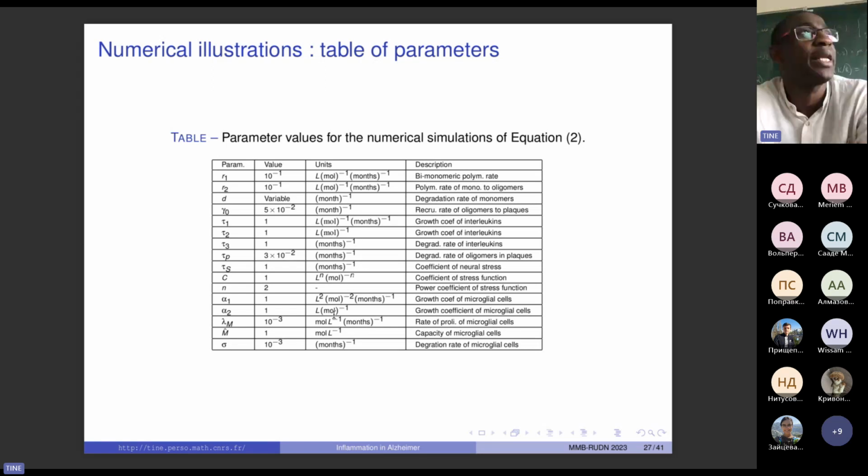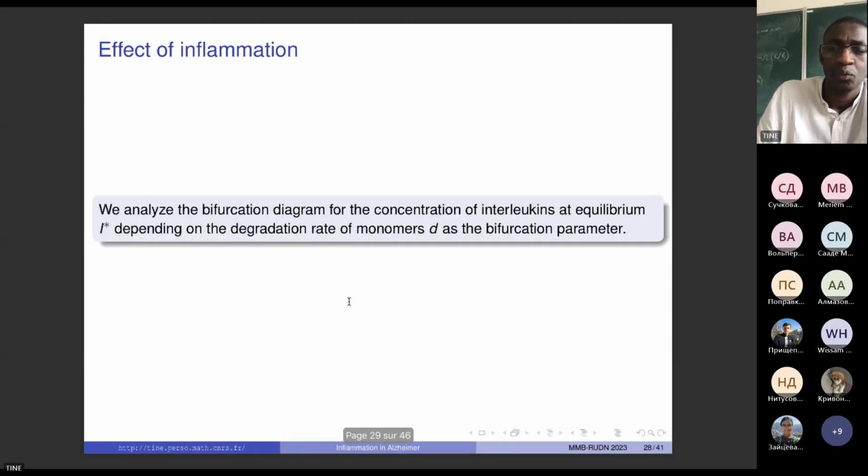All the values are identified from existing values in the literature, and sometimes they are only approximate because there are not enough studies to identify the parameters exactly. So R0 here describes the monomeric polymerization rate, etc. We have all the parameters here with their values and corresponding units, for the degradation, etc.